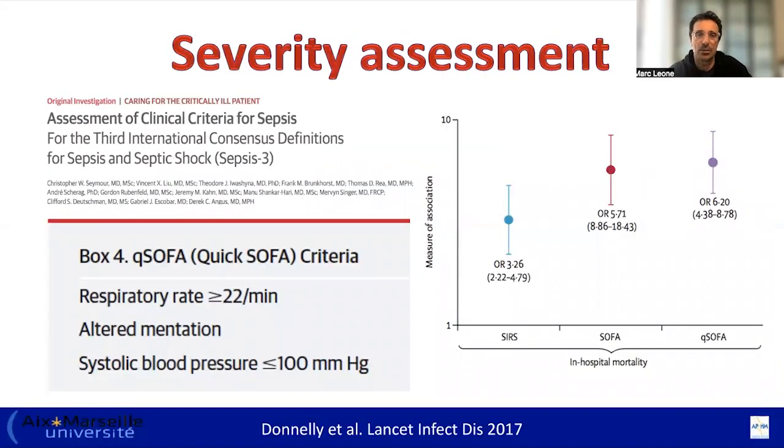Next, I need to assess the severity of the sepsis, and to assess the severity, I can use some scores which were not designed to predict the outcome. The SOFA score and the quick SOFA score were not conceived to predict the outcome, but they work a little bit as predictors of severity.